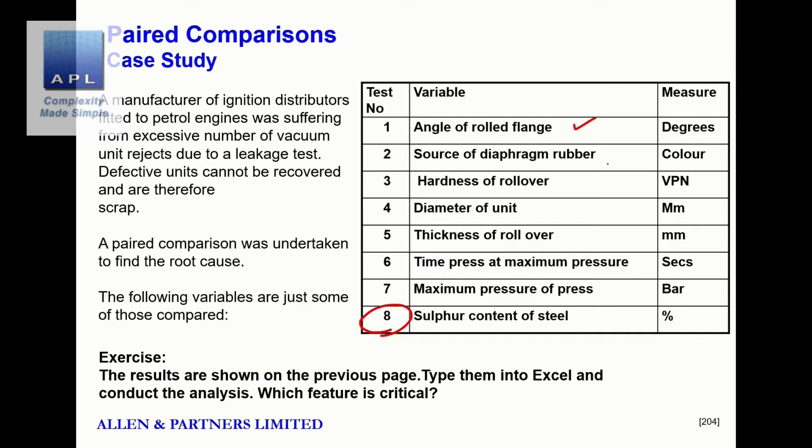So they are the angle of the rolled flange, the source of the diaphragm rubber, the hardness of the rollover, the diameter of the unit, the thickness of the rollover, the time at maximum pressure, the maximum pressure of the press, and the sulfur content of the steel. So they've identified those 8 components.